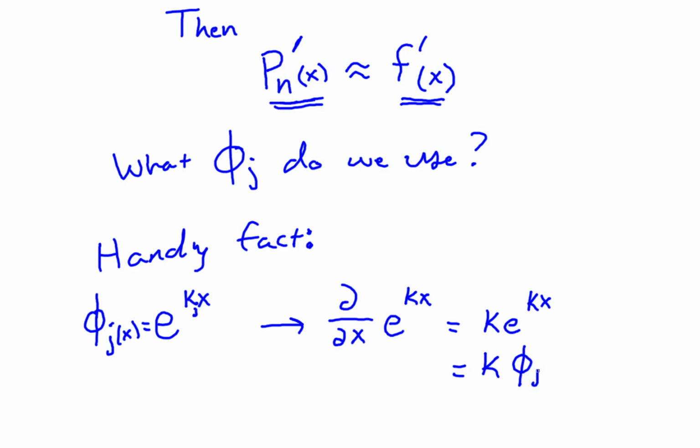The basis function hasn't changed, it's just gained a new weighting by the wave number k. So exponential functions, when we take a derivative operation on them, are the eigenfunctions of that operator, and the eigenvalue of that operator is the wave number k.